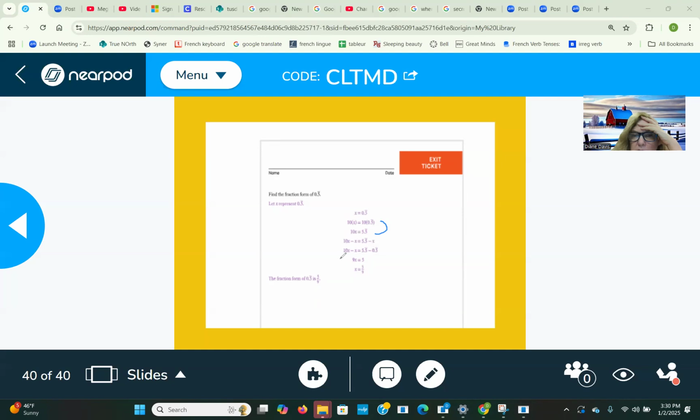And you have 10x take away x is 9x. 5.5 repeating take away 0.5 repeating is 5. x equals 5/9. And that's the end of the lesson.